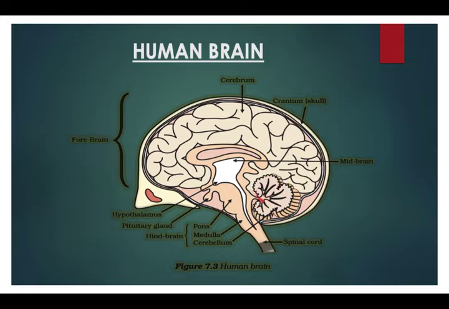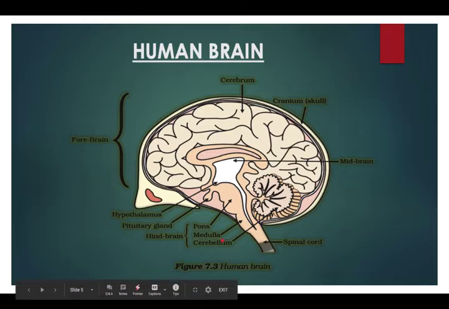And now come to this backside portion of our brain, which is known as hindbrain, and in this pons, medulla, and cerebellum are the three important parts which perform the functions in the hindbrain.